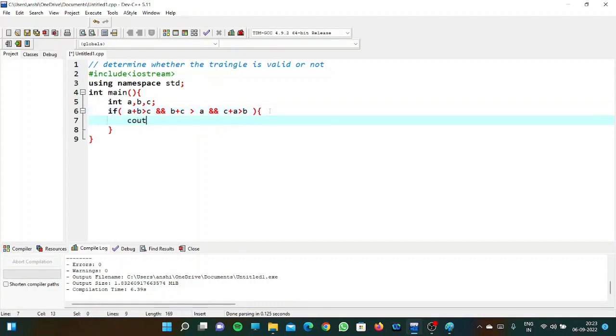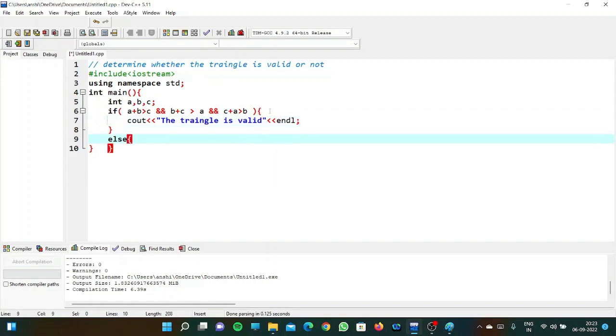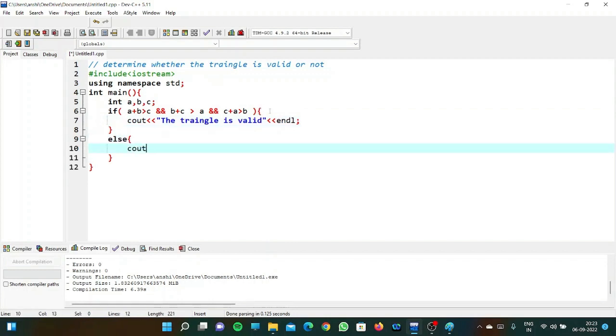Then you can see out the triangle is valid. Else, see out the triangle is not valid.